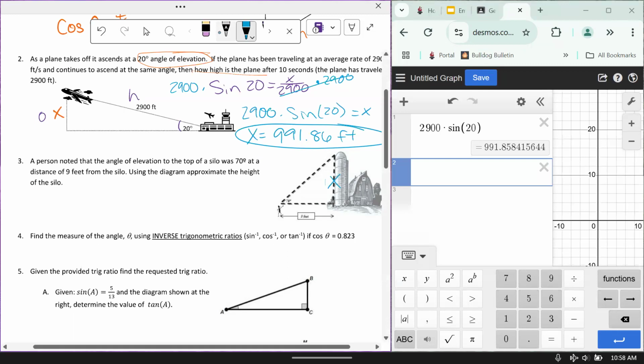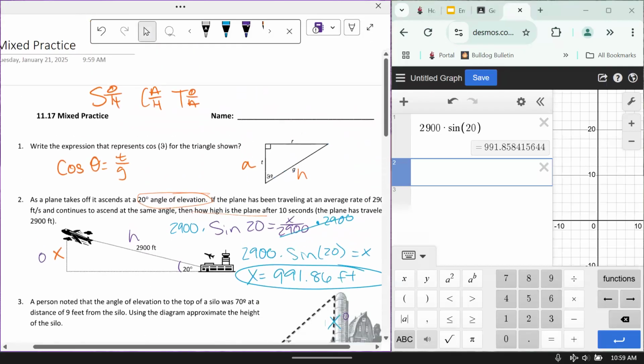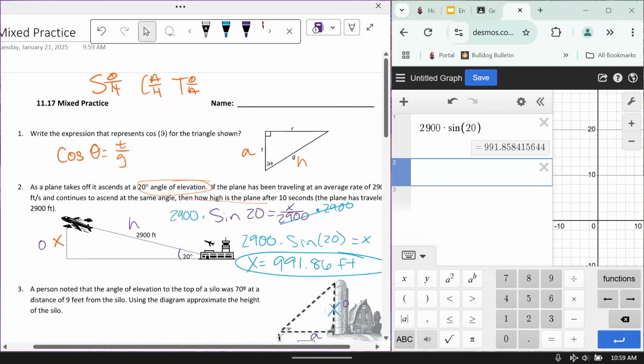Again, we are solving for a side, so we are going to use our regular trig functions. If we label, here's our opposite and here's our adjacent. According to our SOHCAHTOA, opposite and adjacent is tangent.